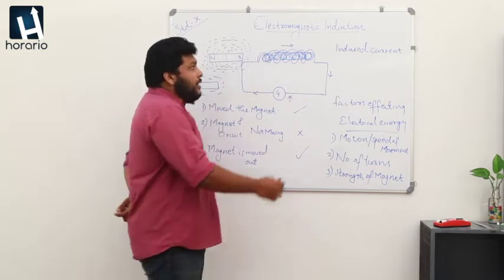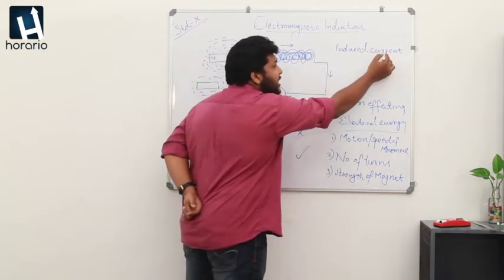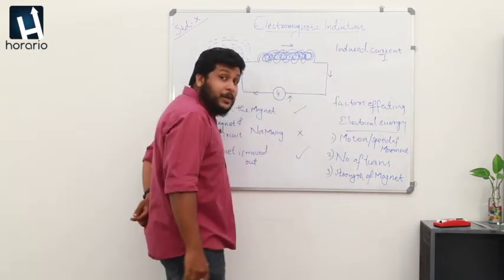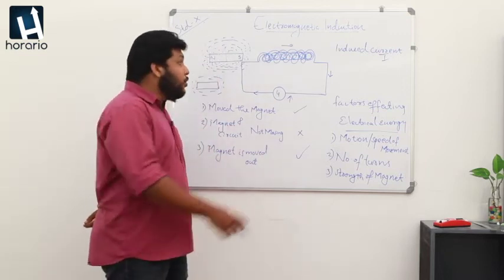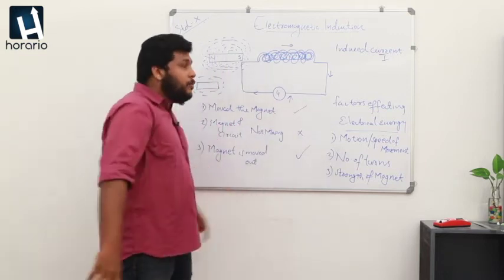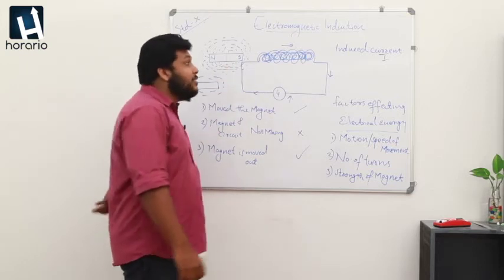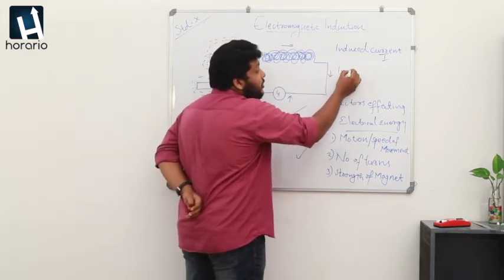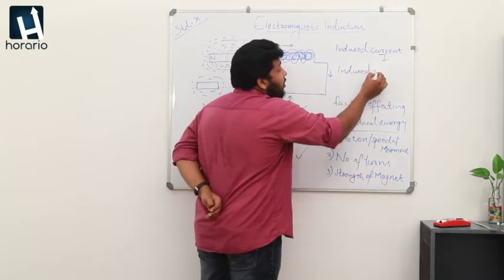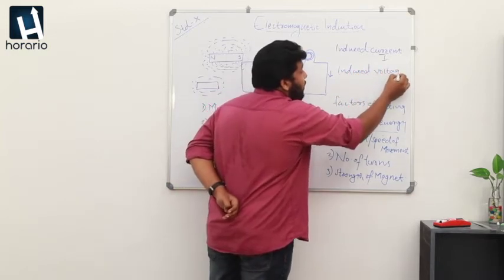You all know that according to Ohm's law, if there is a current, there will be voltage. So the voltage induced due to the magnet is known as induced voltage.